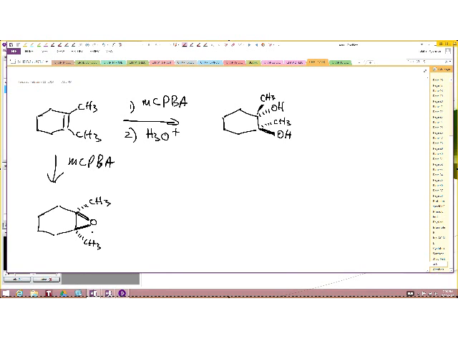Now, keep in mind you have the epoxide on one side of the ring. So what is going to happen when the water comes in? In this case, the water will open up the epoxide. Keep in mind that this happens in dilute acid.